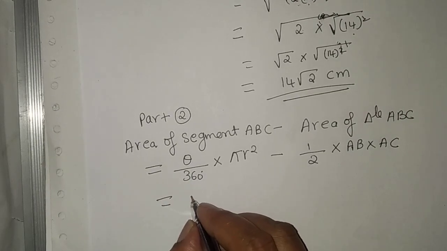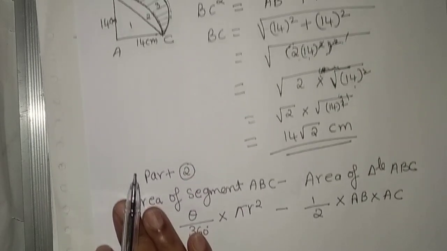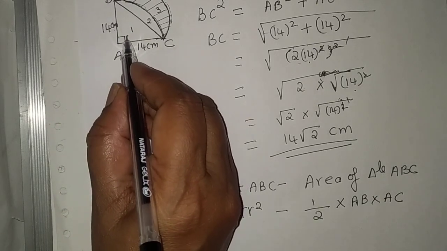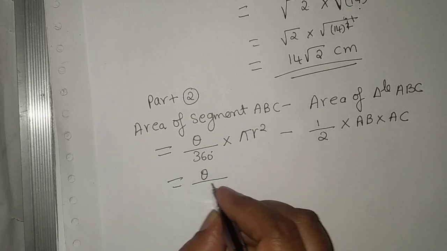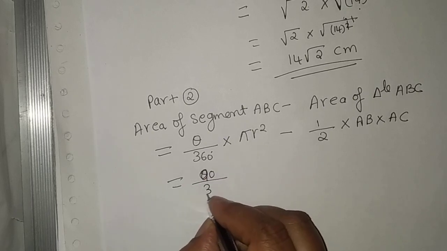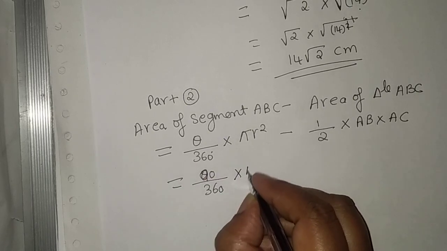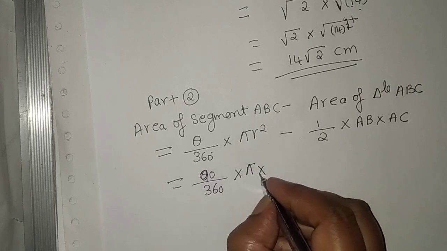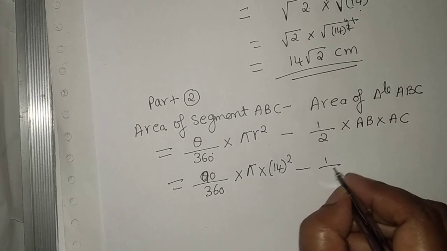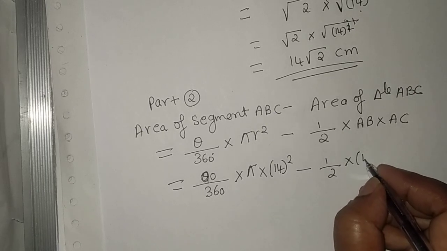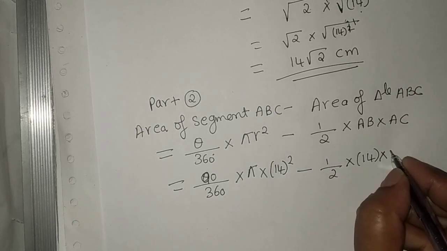Substitute the values. Theta is what? Here, 90 degrees. So substitute theta as 90 by 360 into pi. What is r? Here the radius is 14, so 14 square, minus half into 14 into 14.